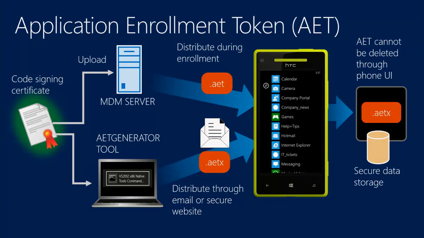And it'll give you an AETX file. From there, you can mail that file to the phone and then open it on the phone, which will install it. And as it mentions here, the AET cannot be deleted through the phone UI.